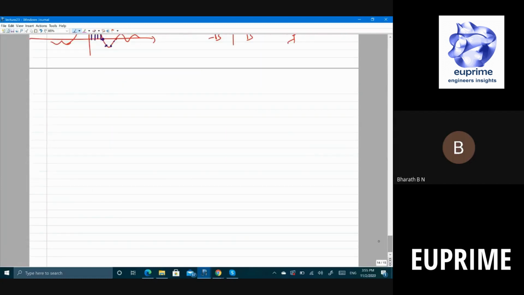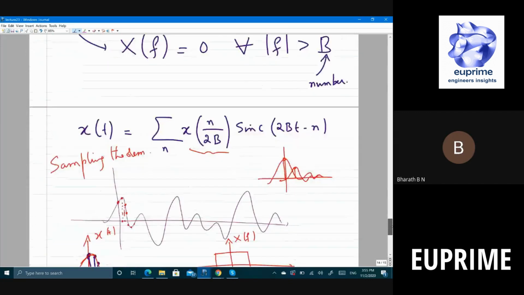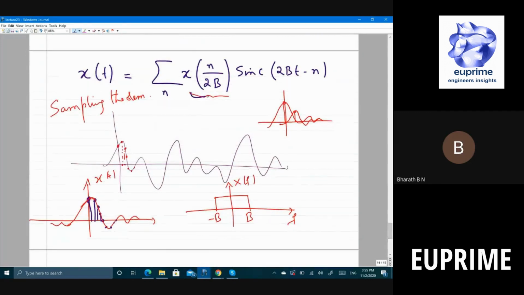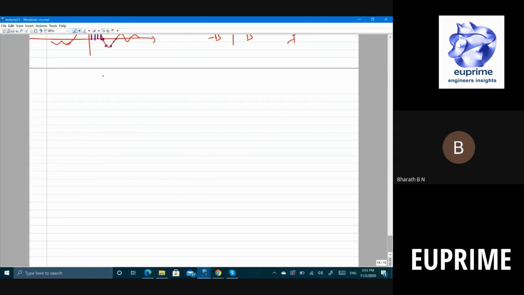Okay. So what is the relationship between x of t and x of n by 2b? Let me rewrite the old function x of t. Your orthonormal expansion would be the sum from minus infinity to infinity of ak phi k of t. Assume that this is orthonormal.